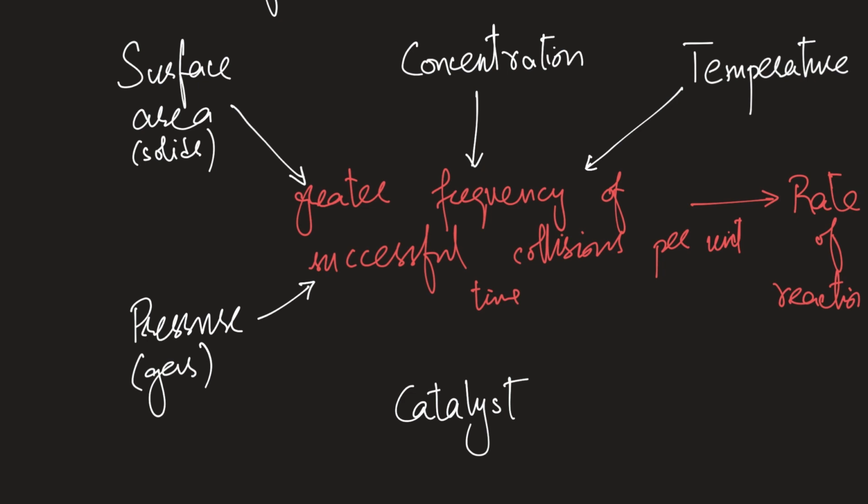So now even particles who did not qualify for a successful collision earlier on, there's a chance that they will have more energy than the new activation energy. Why? Because the new activation energy is much lower than the previous one. So more particles qualify for a successful collision. So catalyst basically lowers the activation energy.